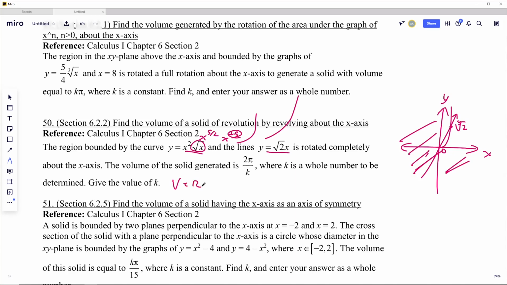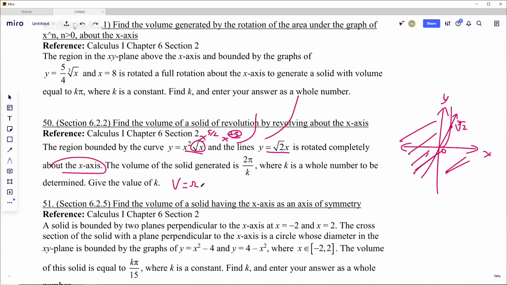So V equals pi. Technically you could have done that blindly, as long as you know that you're doing it around the x-axis, because the only thing you're going to do is a difference of squares. I don't think it matters which is minus which. If you get a negative, all you need to do is negate it to get a positive.